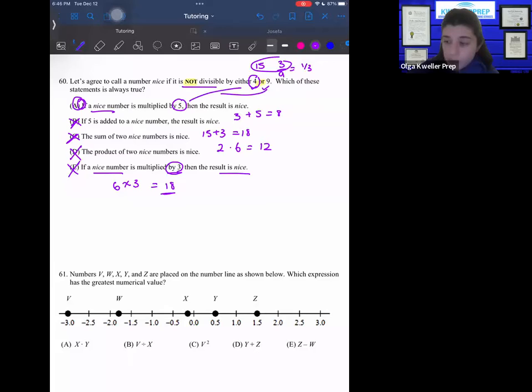If we multiplied it by 3, which is what we did here, this is not necessarily true because 3 fits into 9. So one of those numbers might still be divisible by 9, but by 5, we're kind of safe because it's not divisible by 4 or 9. The same thing would be true if they gave us an option where we multiply it by 2. That wouldn't really work because 2 goes into 4. Does that make sense logically?